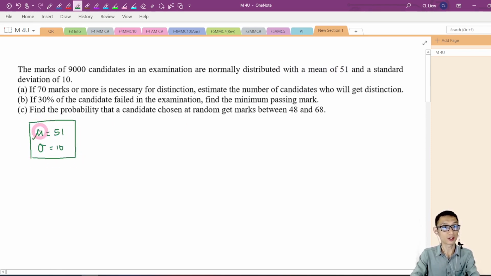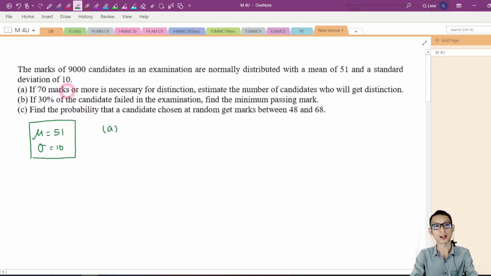This means the mean here is not equal to 0 and the standard deviation is not equal to 1. So this normal distribution is not a standard normal distribution. If we want to find the probability, we want to convert the x value to a z value first.